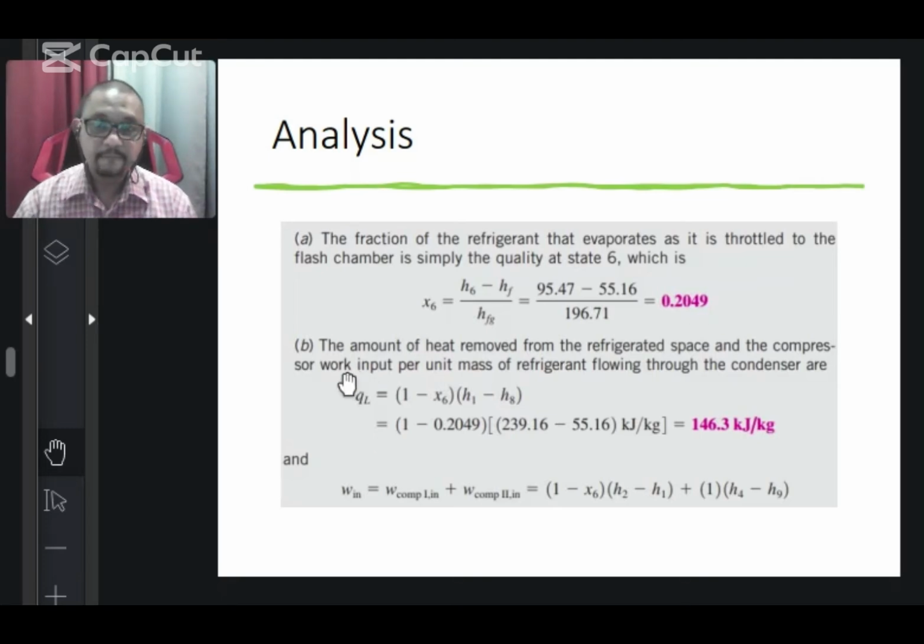For part B, the amount of heat removed from the refrigerated space and the compressor work input per unit mass of the refrigerant flowing through the condenser. So QL is equal to (1 minus x6) times (h1 minus h8). The heat removed from the refrigerated space involves h1 and h8.